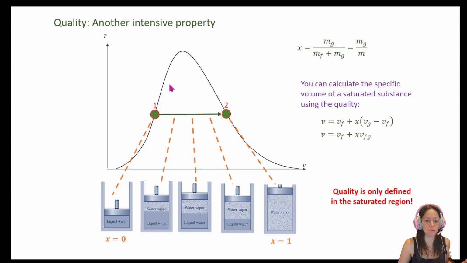It only has meaning in that two-phase region. So it would be incorrect to say that compressed liquid has a quality of 0. In a compressed region, you don't have any M sub G, but you also don't have any M sub F, so it would be undefined, right?